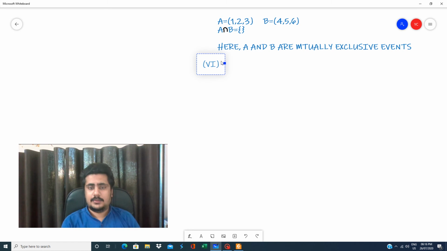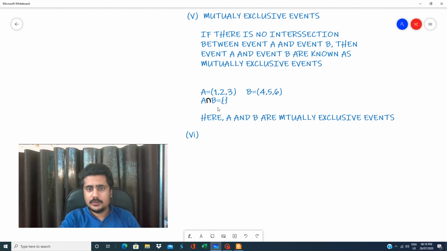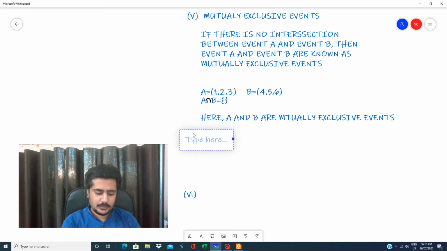Let us start the sixth one. So you got my point now about mutually exclusive. If there is no intersection, then they are mutually exclusive. If you don't get it clearly, then let me take the opposite example.